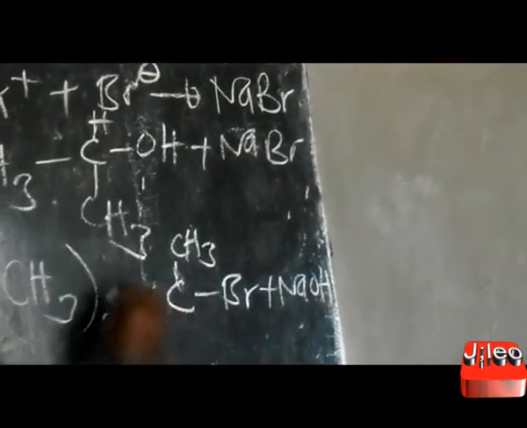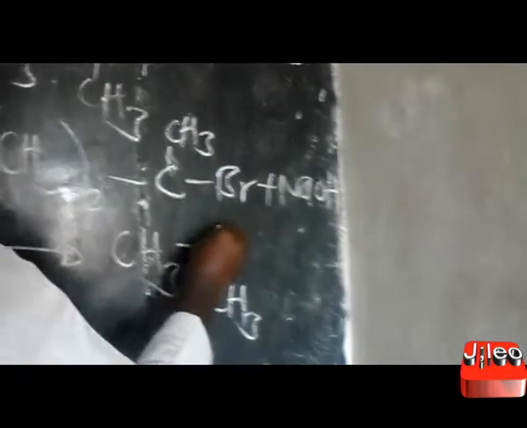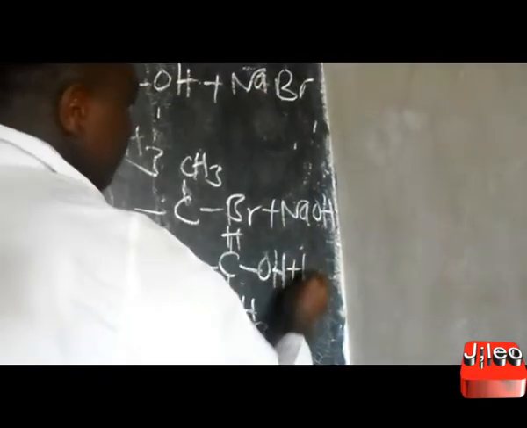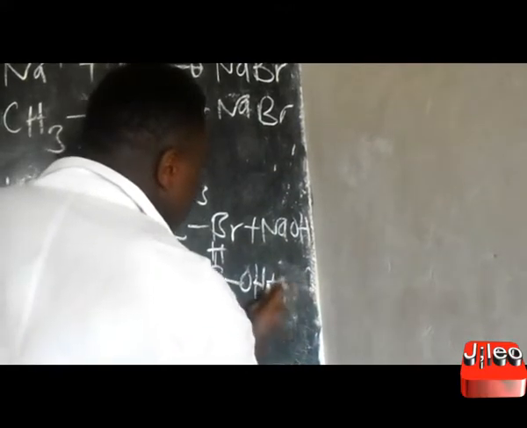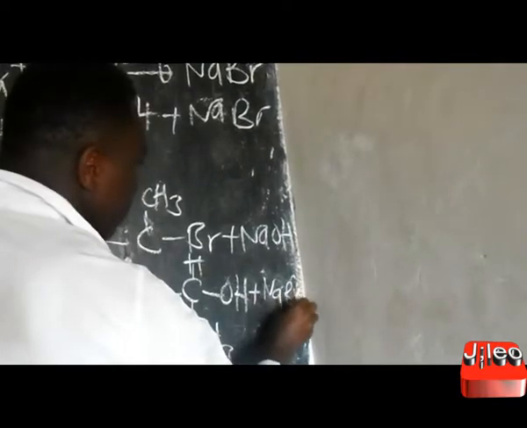So now you will get this CH3, CH3 and H, which is an alcohol, plus sodium bromide.